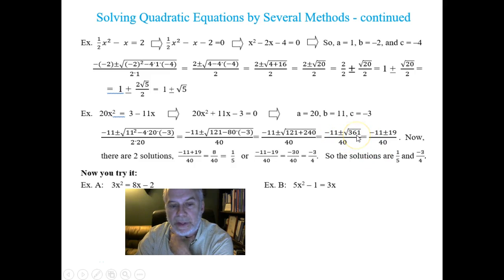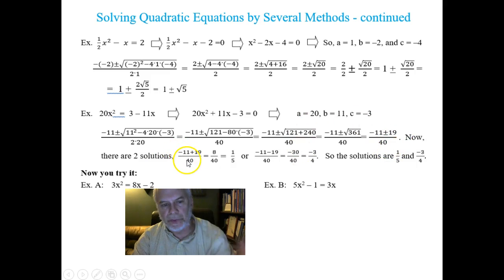Now, square root of 361, that actually is a whole number, because you can take the square root of 361. It's 19. Now, sometimes you got to play with it on the calculator and just see if it's a perfect square. So square root of 361 becomes just 19. So you have negative 11 plus or minus 19 over 40.